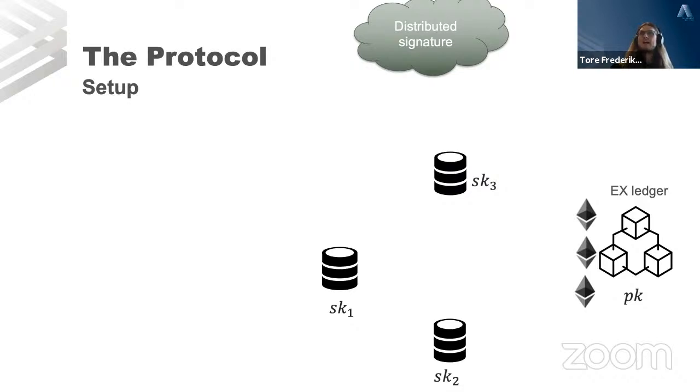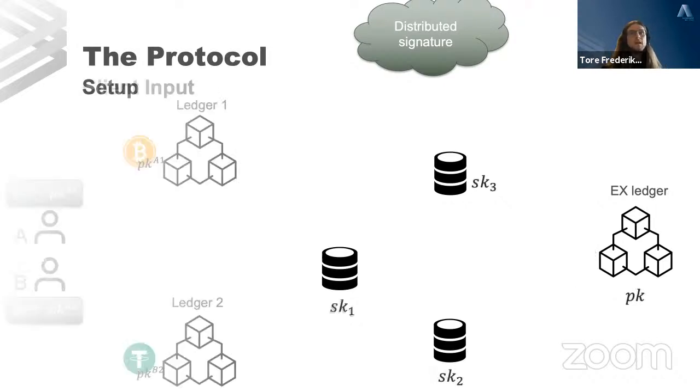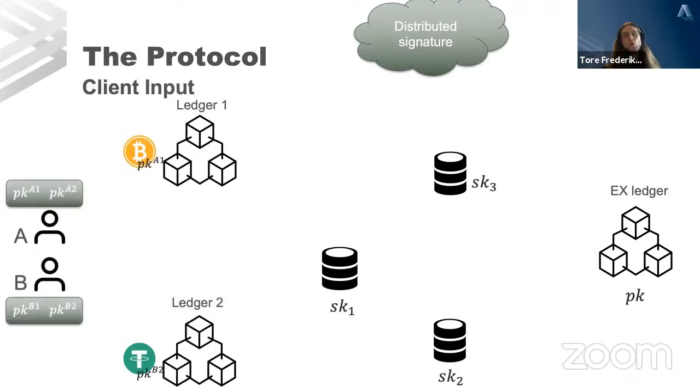For now, just note that every server has put in a bunch of ante, and it's locked safely on this exchange ledger and can only be taken out if all servers collaborate or if some proof of malicious behavior happens later on. So now, what we actually do when we want to do an exchange.